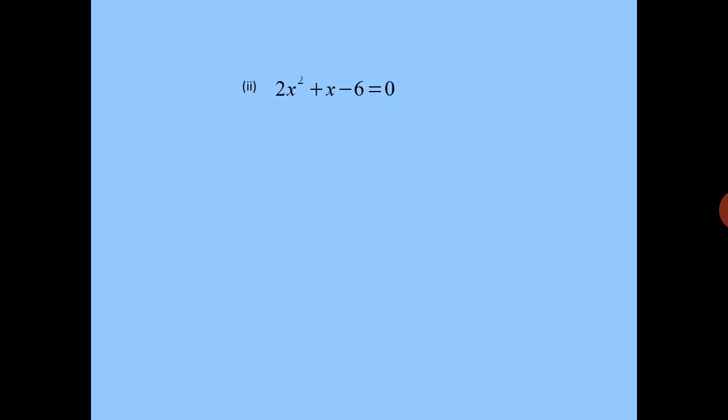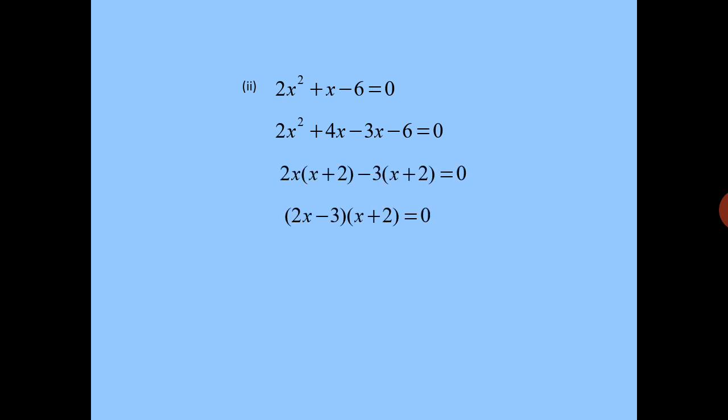Let's proceed to the next sub question. Here your a multiplied by c is 2 into minus 6, that is minus 12. Solve it in such a way that you get the factors and the addition of the factors is plus 1. Solve it further and you get two brackets, 2x minus 3, x plus 2. Now again, either of the brackets should be equal to 0.